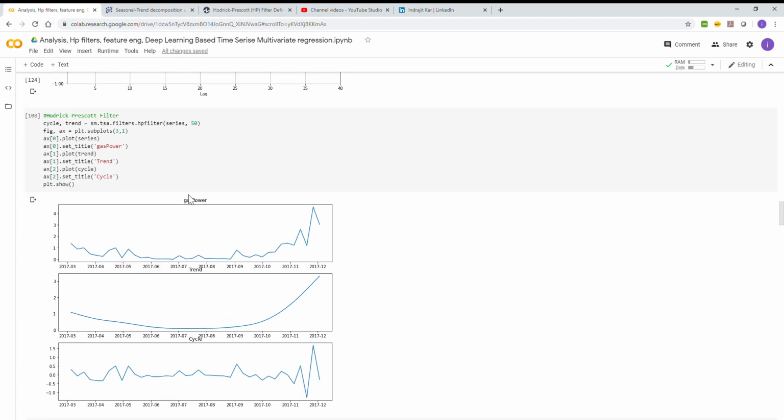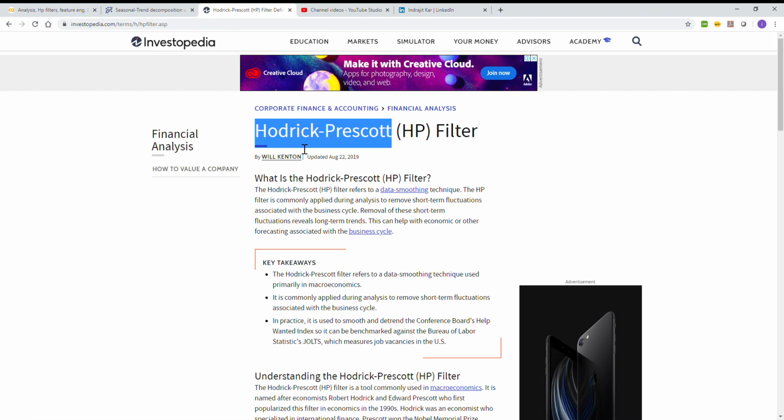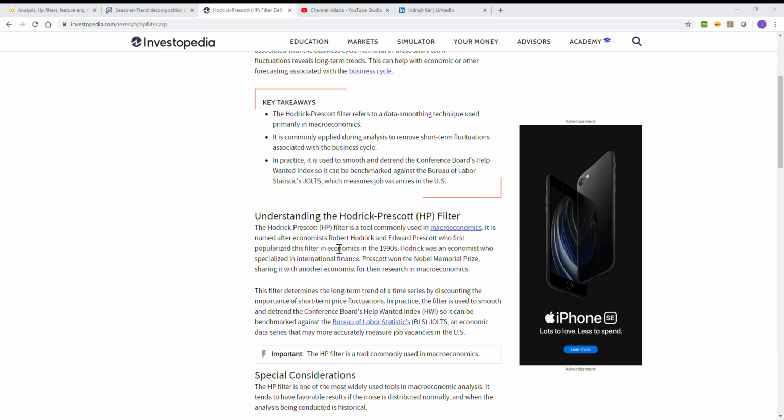Now there is another type, which is called the Hodrick-Prescott filter. This filter is mostly used in economics and finance, because there are a couple of effects. What kind of effects are we talking about here? There are effects like short-term fluctuations, and there are effects where long-term movements or trends, business cycles.